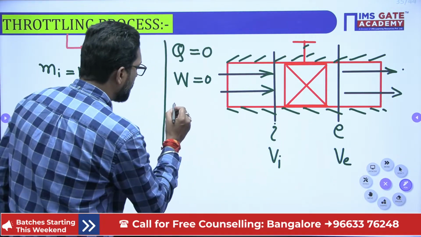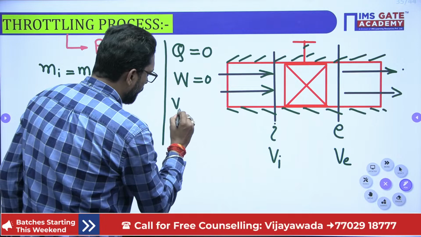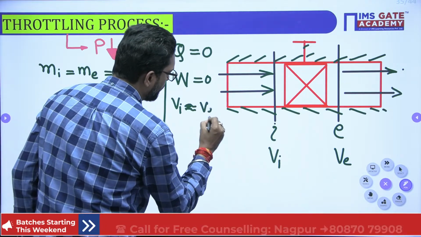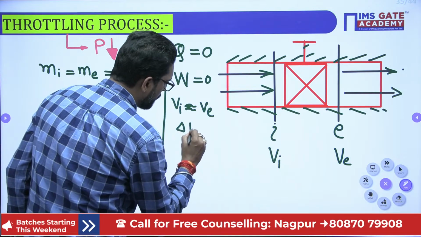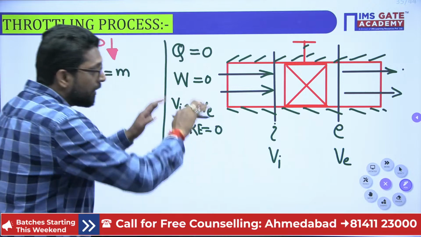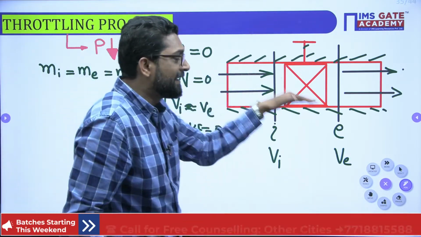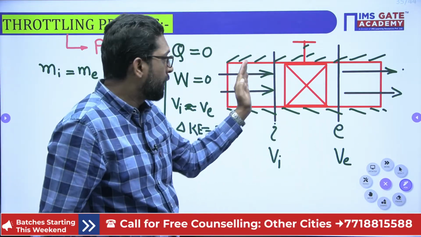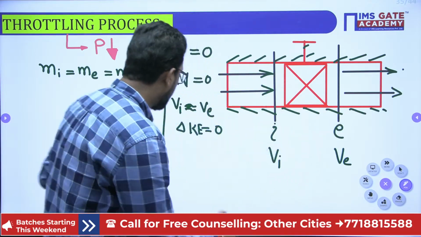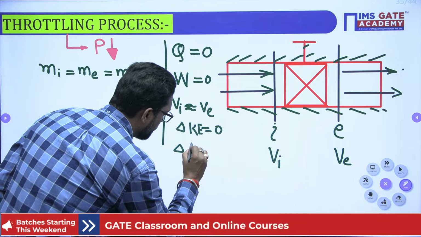So in the throttling process, V inlet is approximately equal to V exit. That means the change in kinetic energy is also 0. Now, generally there is no datum difference. The datum at inlet is the same as the datum at exit, so there is no change in potential energy.